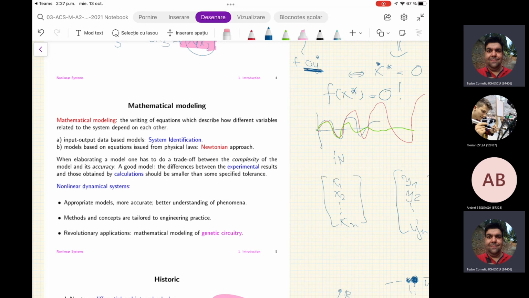So this interpolation thing is data-driven modeling nowadays, which is a bit more than what is written here, system identification.